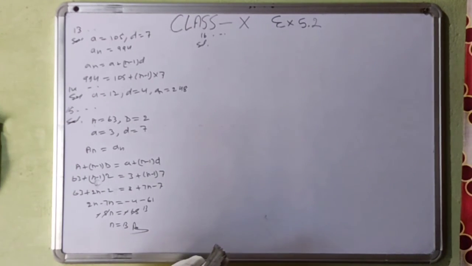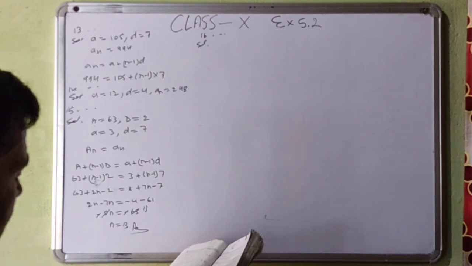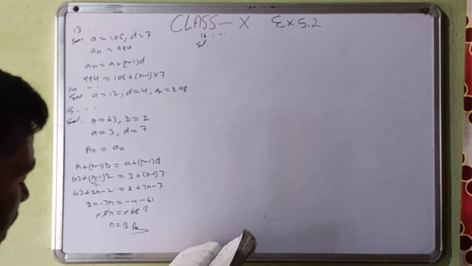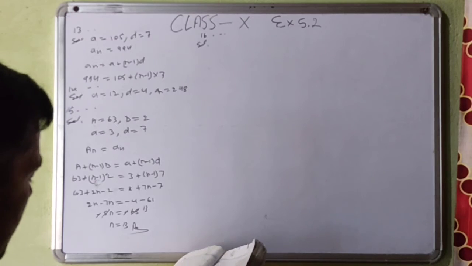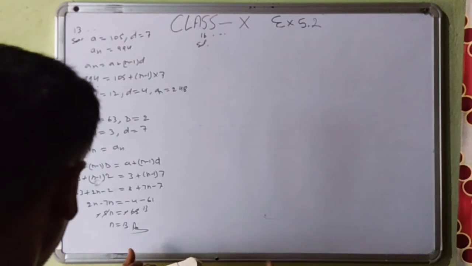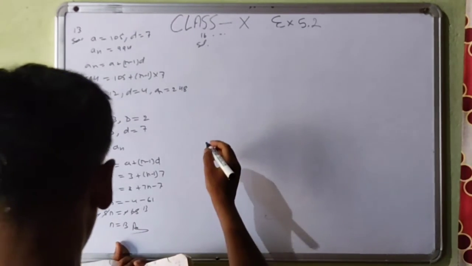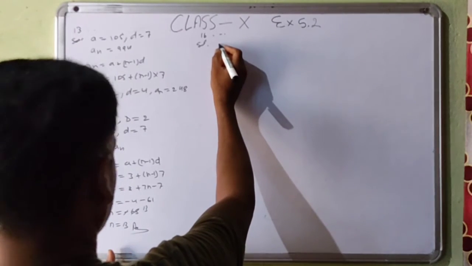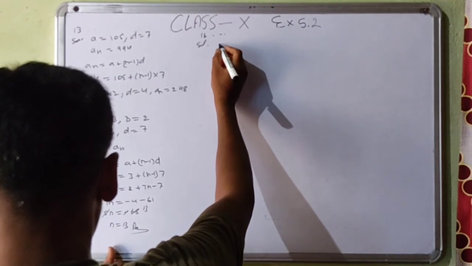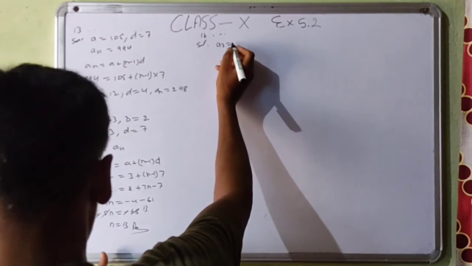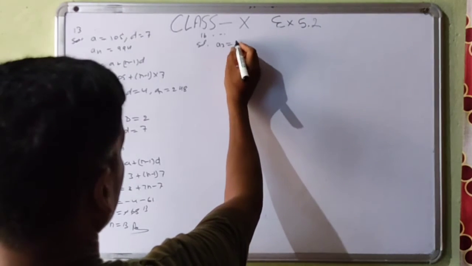Determine the AP whose third term is 16 and 7th term exceeds the 5th term by 12. 16th question: third term a_3 is equal to 16.